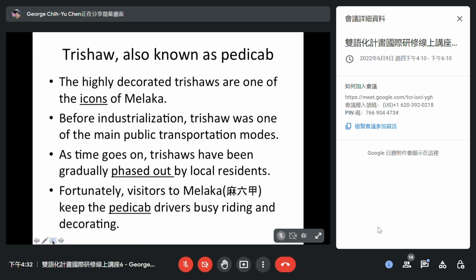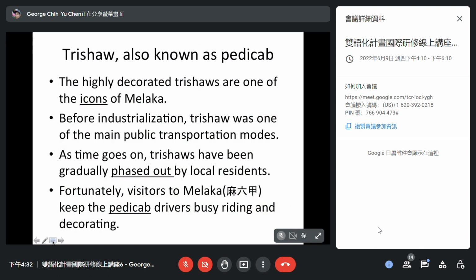So as time goes on, tree shaws have been gradually phased out by local residents. Phased out means 淘汰. So 渐渐的被当地居民淘汰 because they could choose other convenient transportation modes such as bus and taxi.